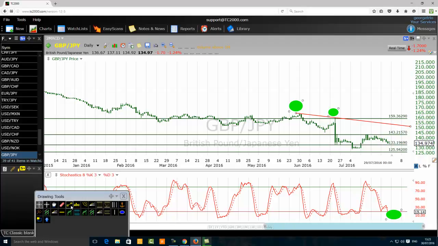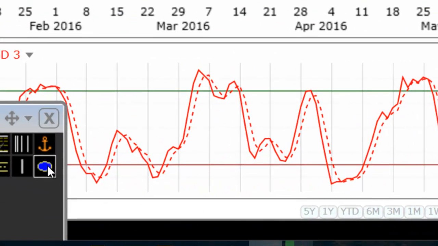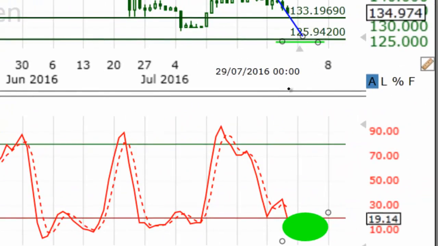In my view, it will be better for the pound yen to continue to go down a little bit more, probably to come near the level of 12594. A very important key level, 12594. And from that point onward, we will look for an opportunity to buy the pound yen.